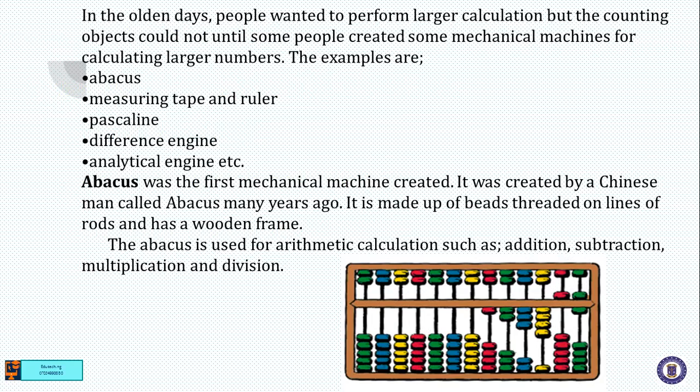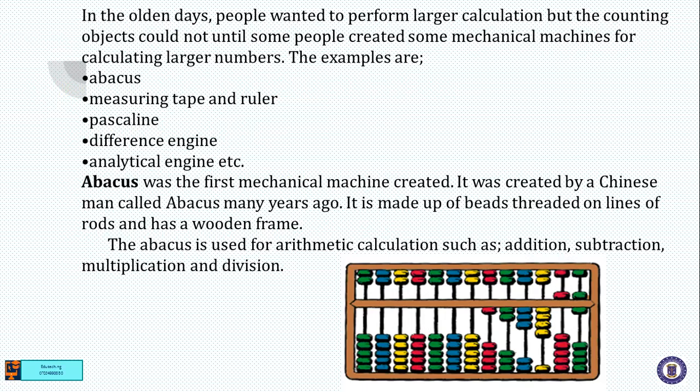This Chinese man was a scientist and a mathematician who discovered that those devices for counting were not helping them again to count larger numbers. So Abacus had to think about what to do, and he came up with a machine that can help you count larger numbers and even do addition, subtraction, multiplication and division.